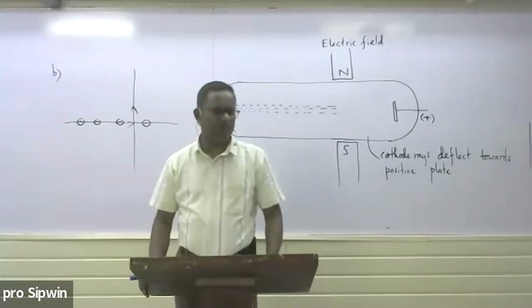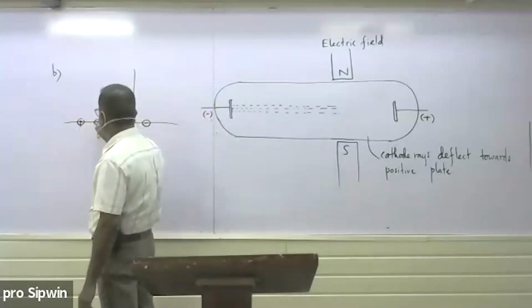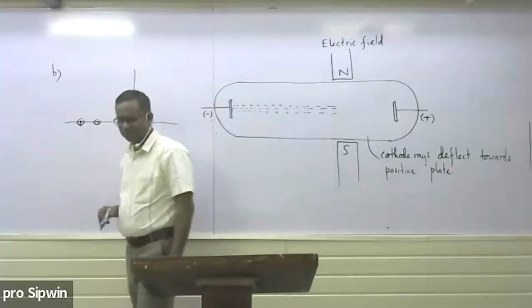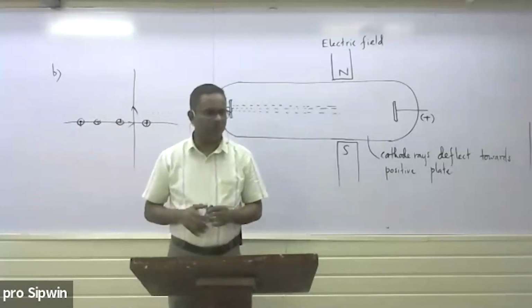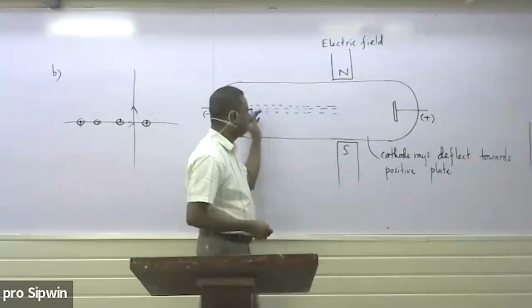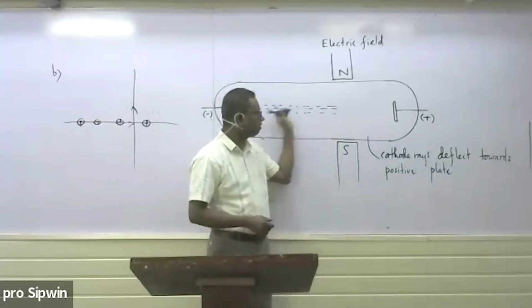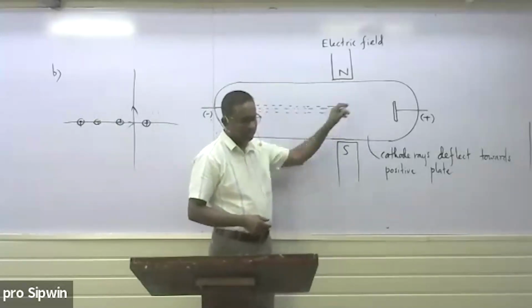No, it won't confirm. The reason is, say instead of negative particles, there are positive particles. If positive particles, that is the opposite of earlier. Say negative particles deflect to this side, to the outside. Then if positive particles pass here, they deflect to the inside.